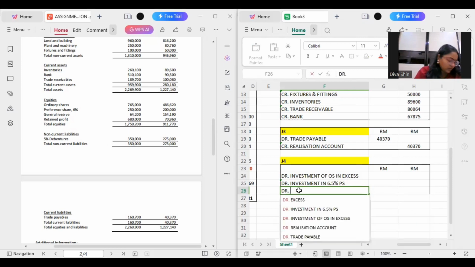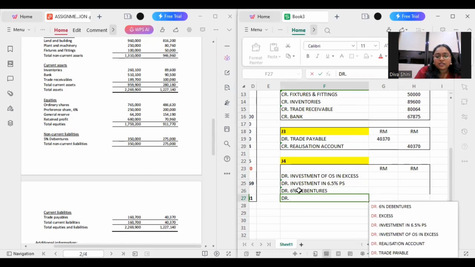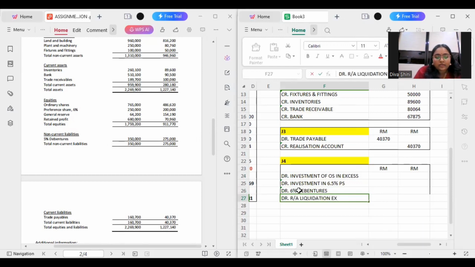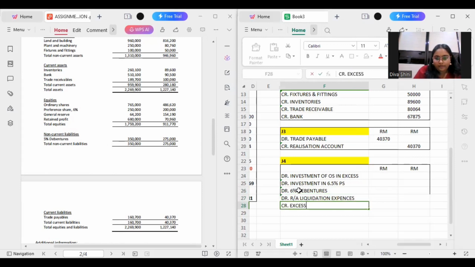And then 6% of debentures. And then we need to debit the realization account of liquidation expenses. And also last, credit the excess company.